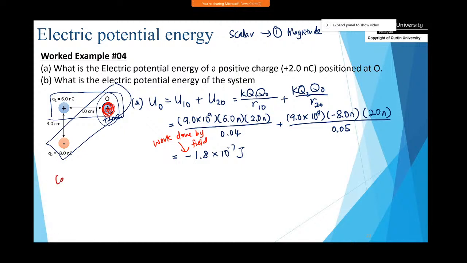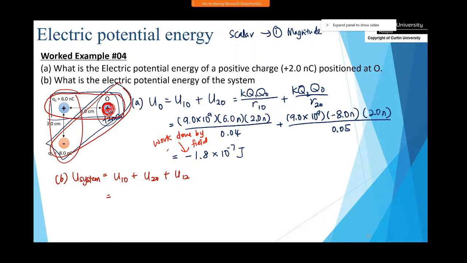So what is the electric potential energy of the system? If it is a system, we will have to look at all types of relationships. So it will be the energy in between 1 and O, energy in between 2 and O, and energy in between 1 and 2 also. Every possible combination has to be included if it is the energy of the whole system.